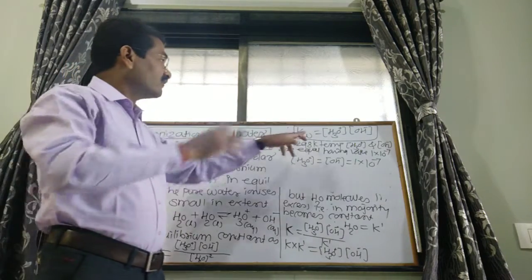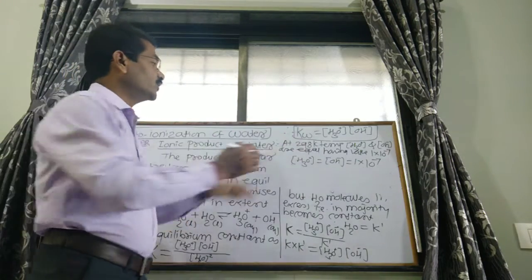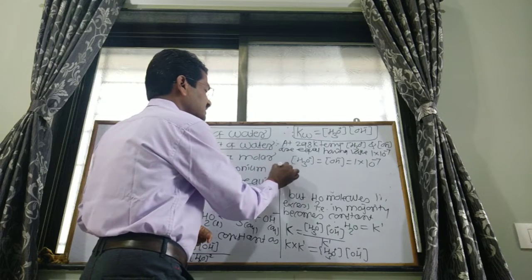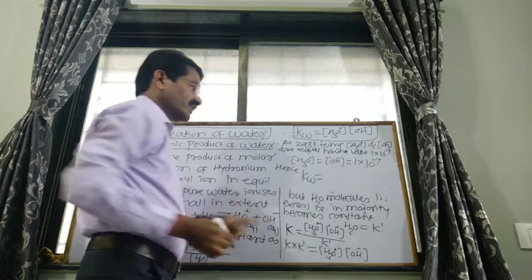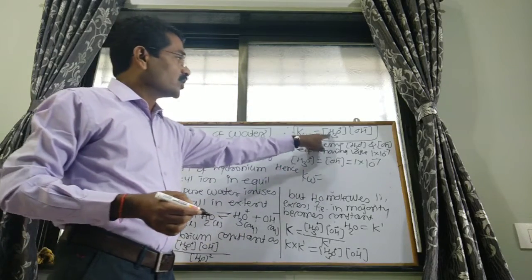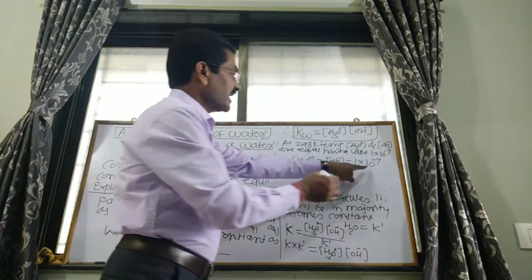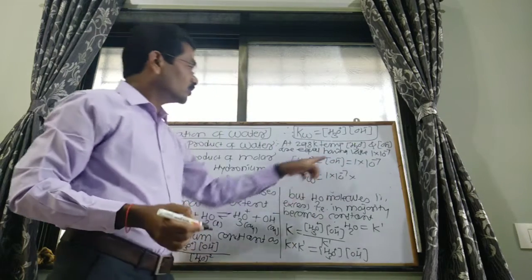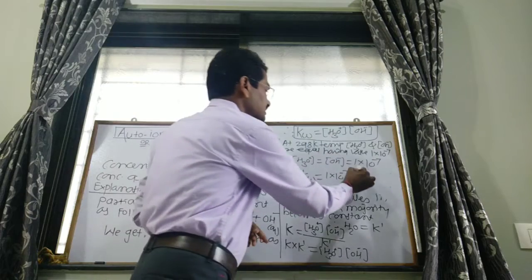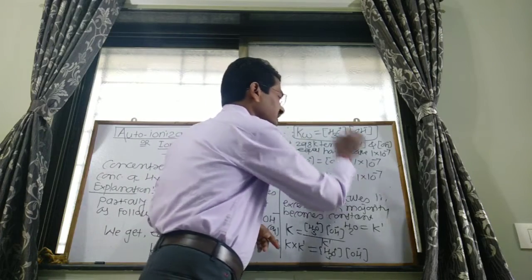But what about the value of Kw? Kw is equal to the concentration of H3O+, 1 into 10 to the power minus 7, into the concentration of OH-, 1 into 10 to the power minus 7.